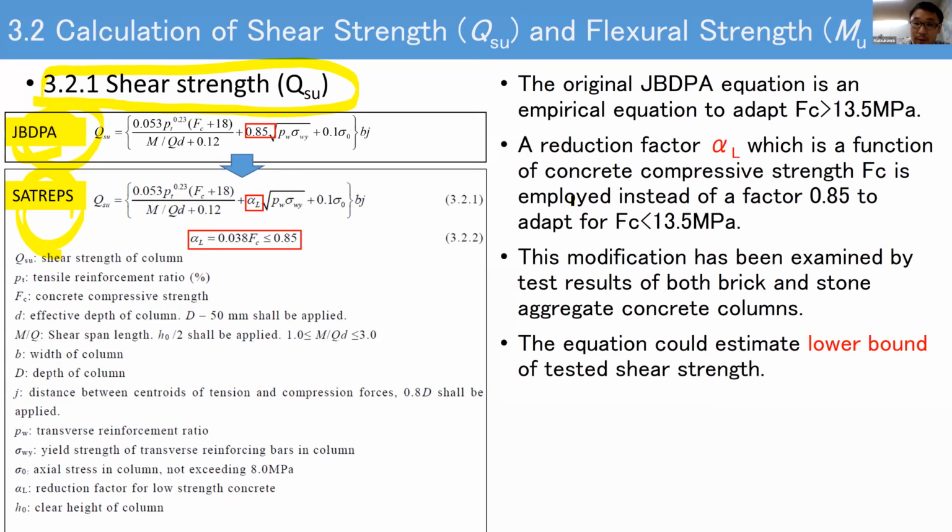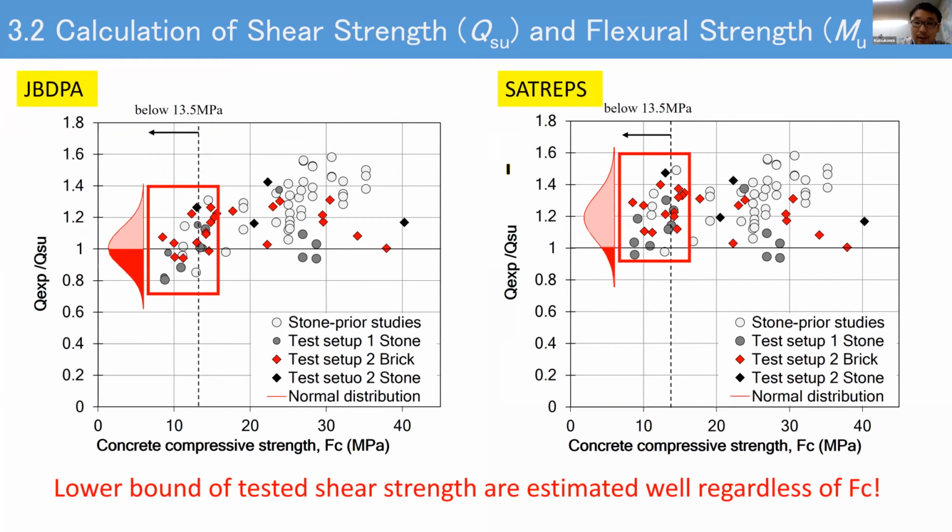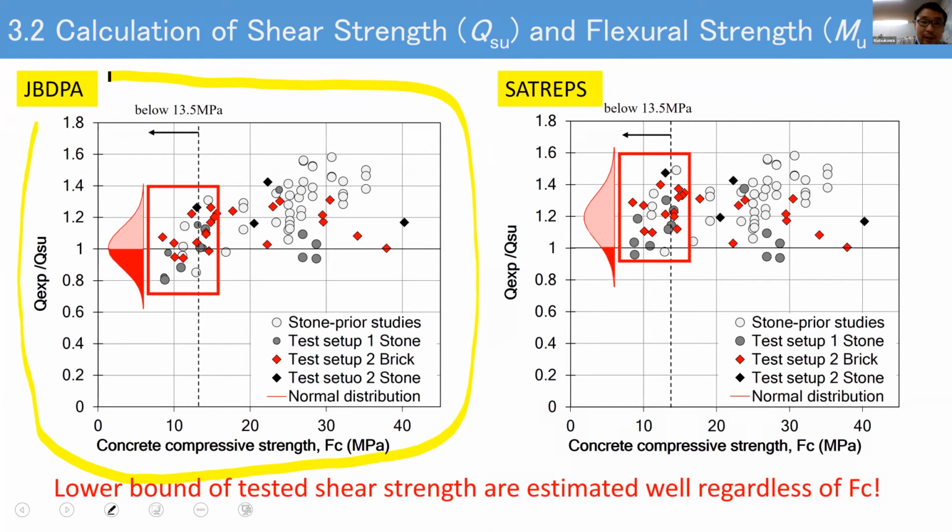This modification has been examined by test results of both brick and stone aggregate concrete columns, like this. This is the current Japanese standard, and this is our proposal.